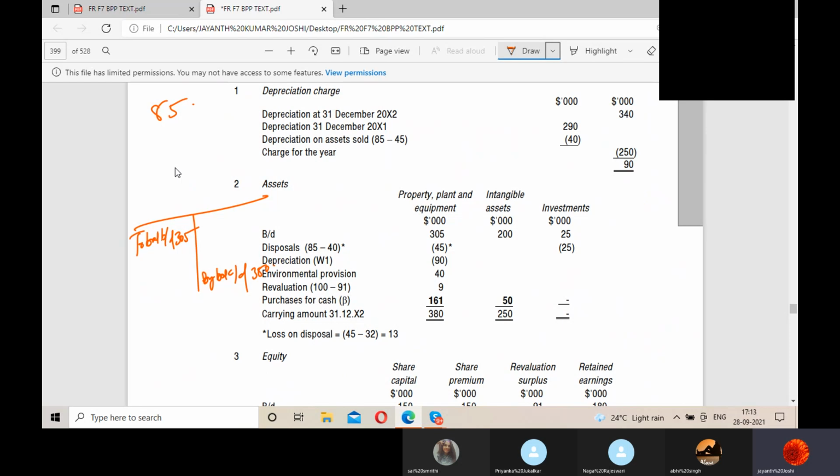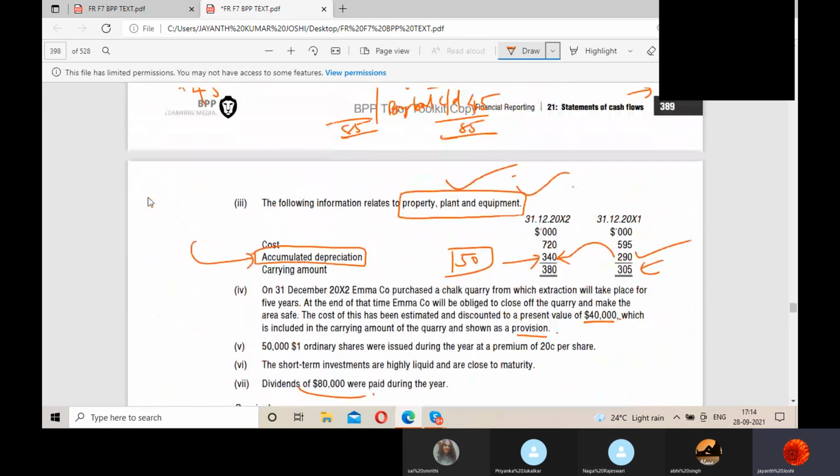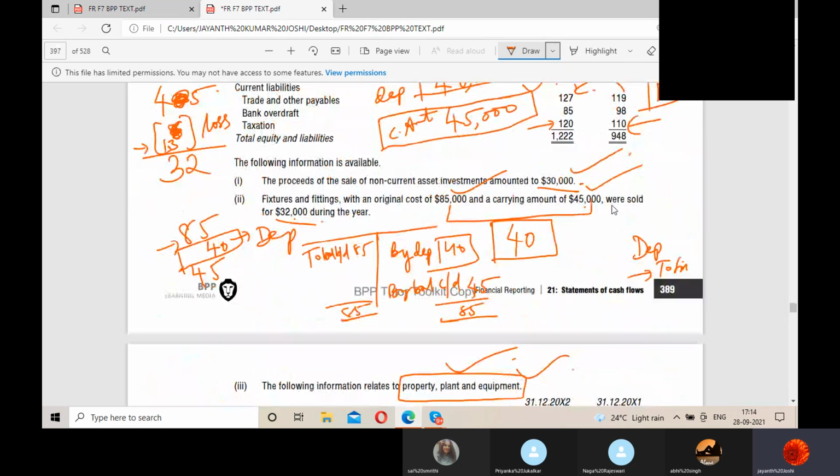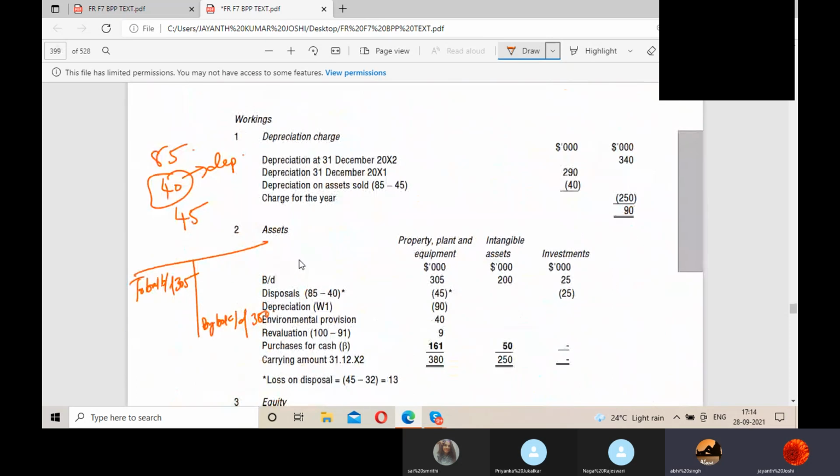So what is the value they showed? 45. So this is the depreciation, correct? They sold it for some amount, and profit or loss we have already included in the cash flow from operating activities. So when they sell it, what's the entry for sale of asset? Cash to fixtures and fittings.